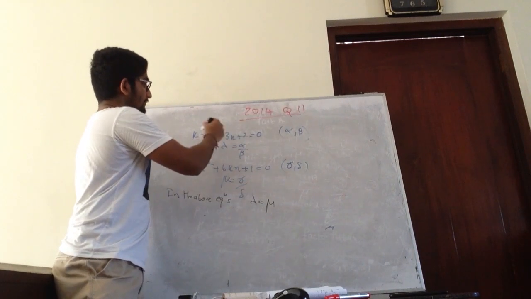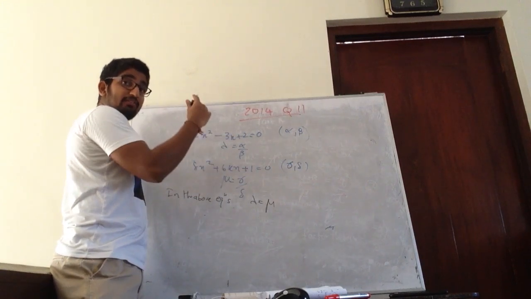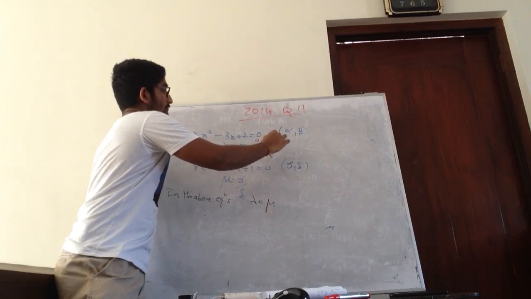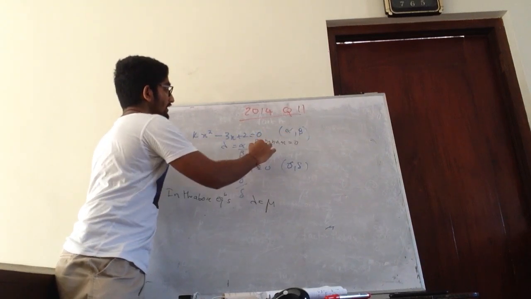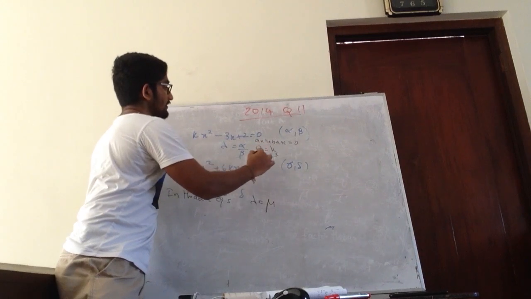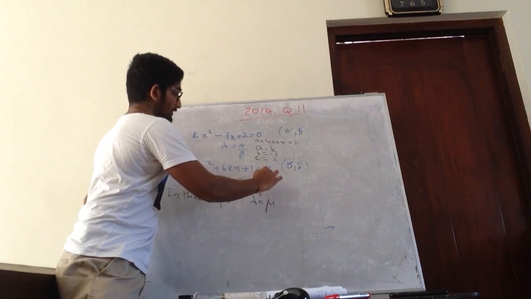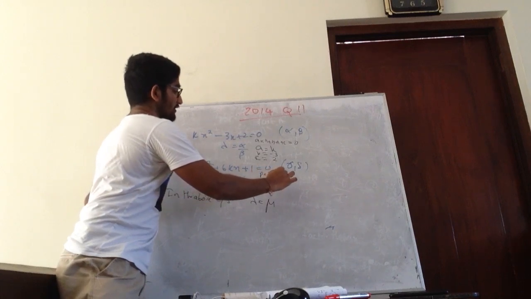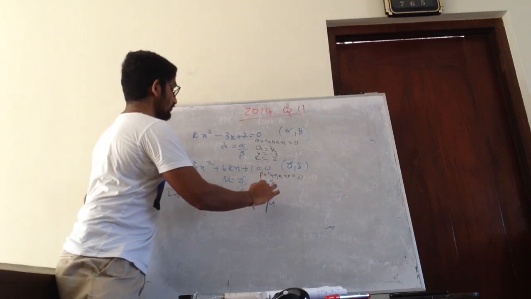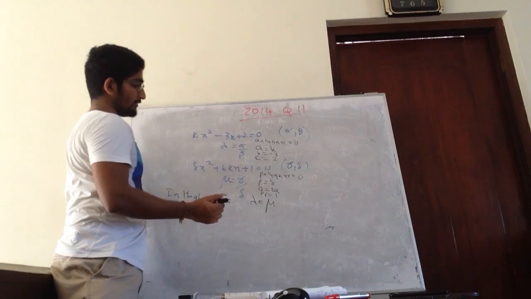right, so now basically if I compare this with the previous one, that means this has ax square plus bx plus c equals 0. A is going to be k, b is going to be minus 3, c is going to be 2. This has px square plus qx plus r equals 0. P is going to be 8, q is going to be 6k, r is going to be 1.